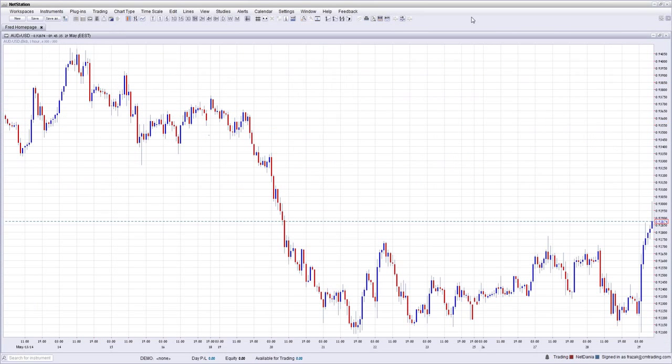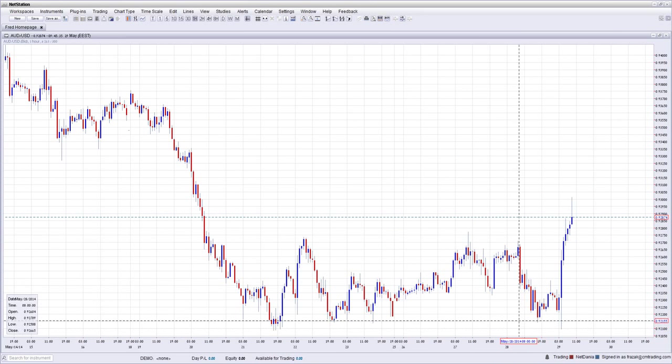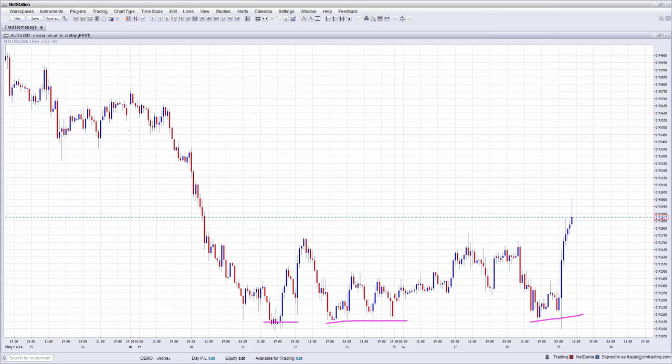Just looking at the Aussie USD, which took off the past couple of days. If we look at a 1 hour graph, we see that it made this nice pivot move on the bottom, this nice channel, and then bounced above. We're above these levels over here.